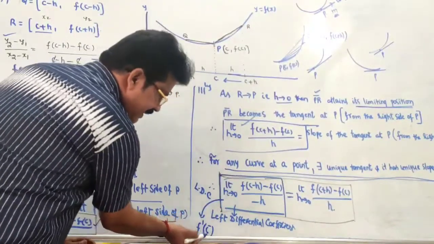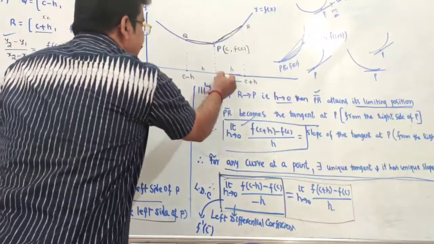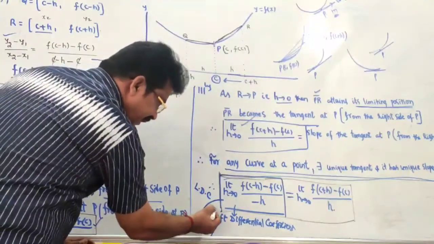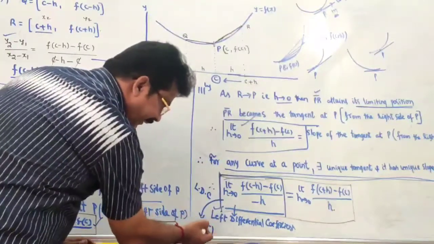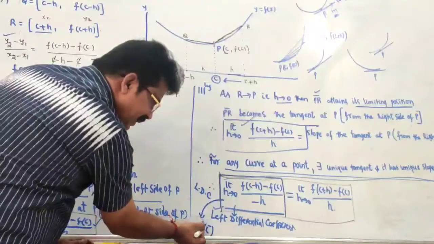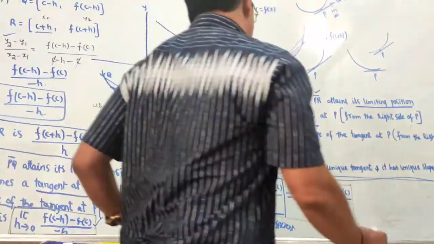C is the point we are discussing, and minus stands for the left side direction.